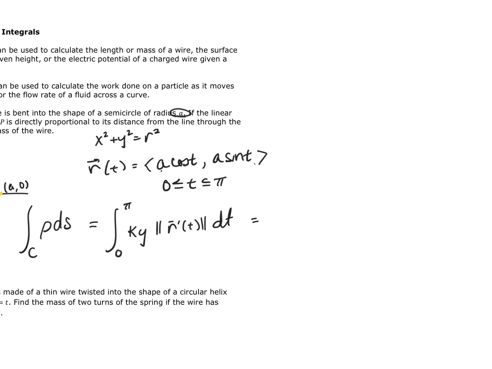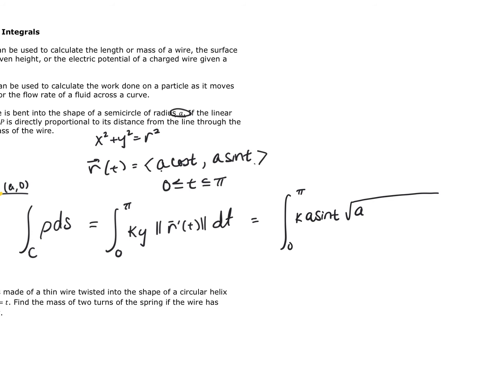So this is going to be equal to the integral from 0 to pi. Now I replace my y with a sine of t, so I have k times a sine of t, and then the square root of a cosine squared of t. Actually it'd be sine first, but it'll all work out.